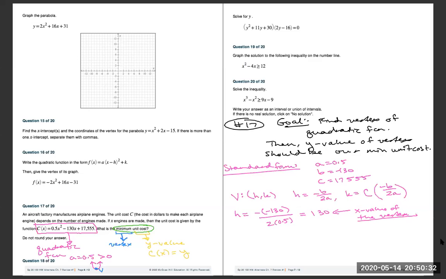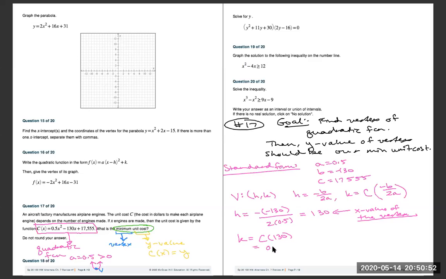Okay, which isn't what we're looking for. That doesn't give us our cost. So what we're going to do, find k by plugging in our h value into our function. So c of 130.